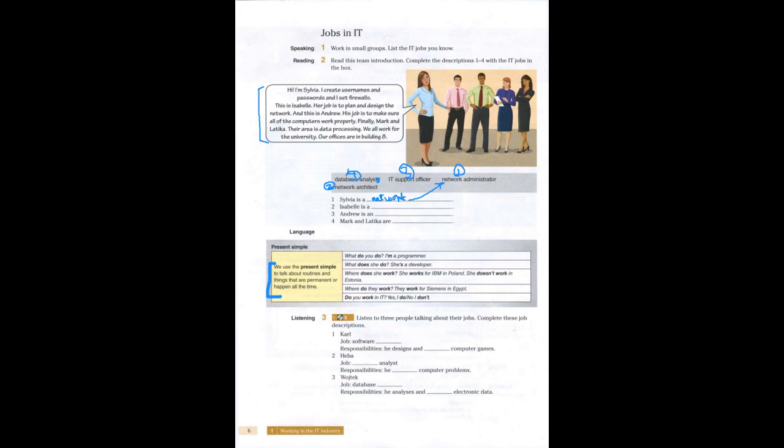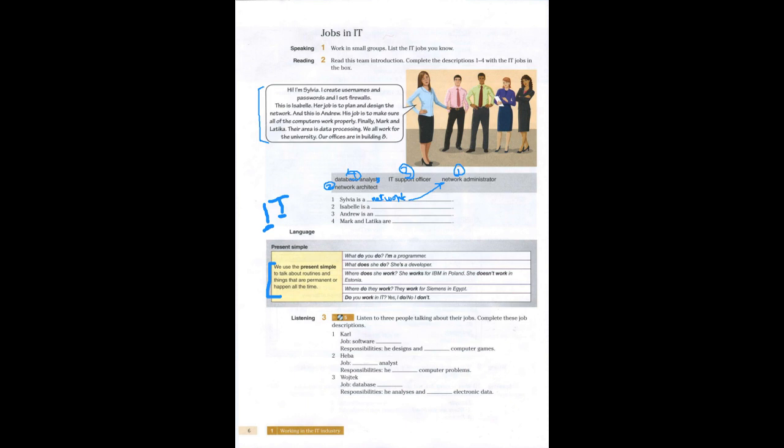IT, this is a very important abbreviation. IT means information technology. I stands for information, T for technology. What does she do? She is a developer. Developer, this is another job related to IT.